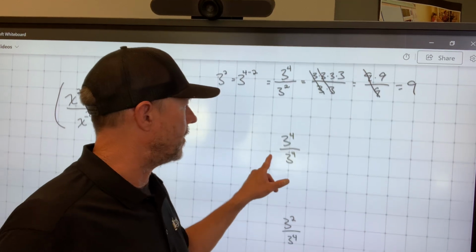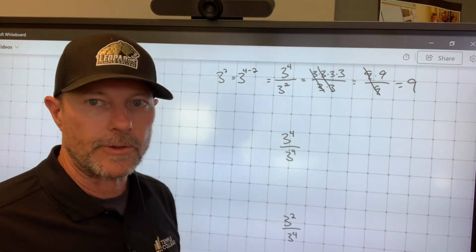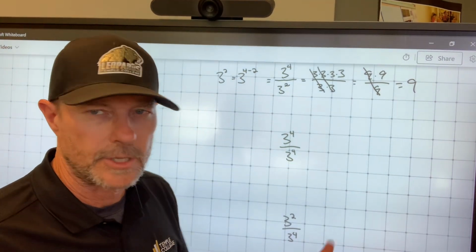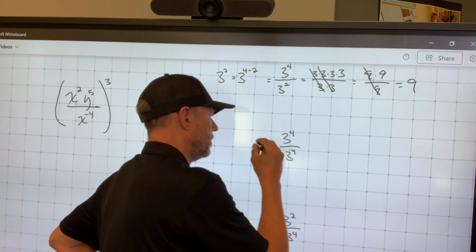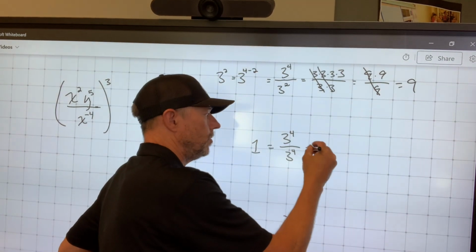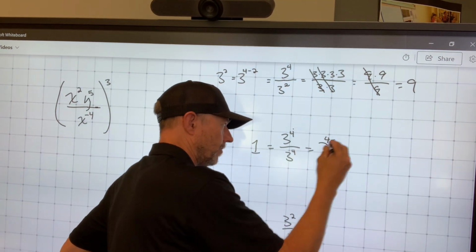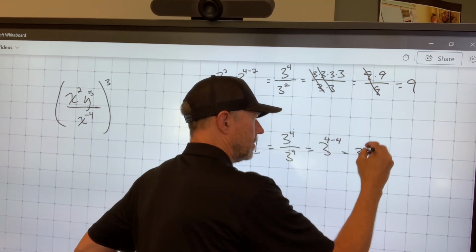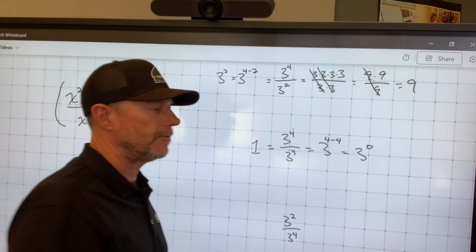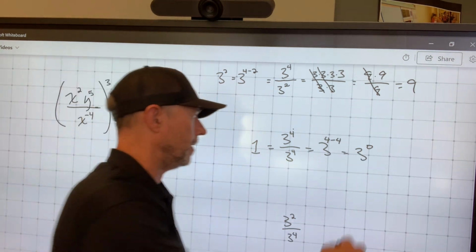Now, what if you had 3 to the 4 divided by 3 to the 4? Well, that's a number divided by itself. Of course, that's 1. We know that's 1, right? But if we use the rule, it's 3 to this 4 minus this 4, which gives me 3 to the 0. So we define 3 to the 0 to be 1.